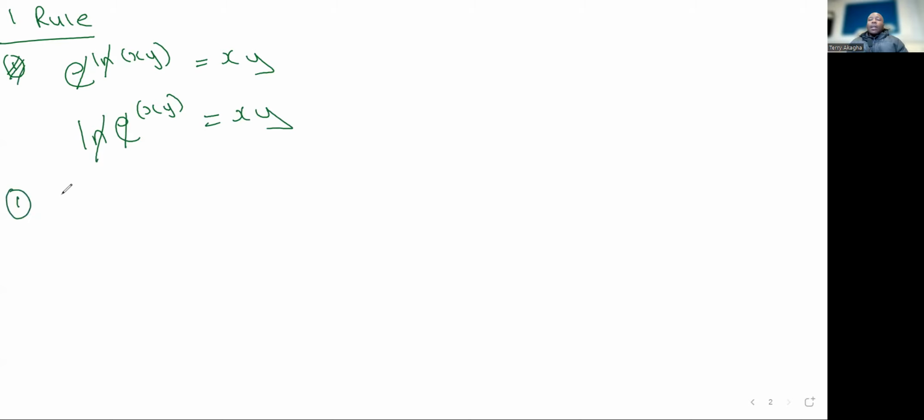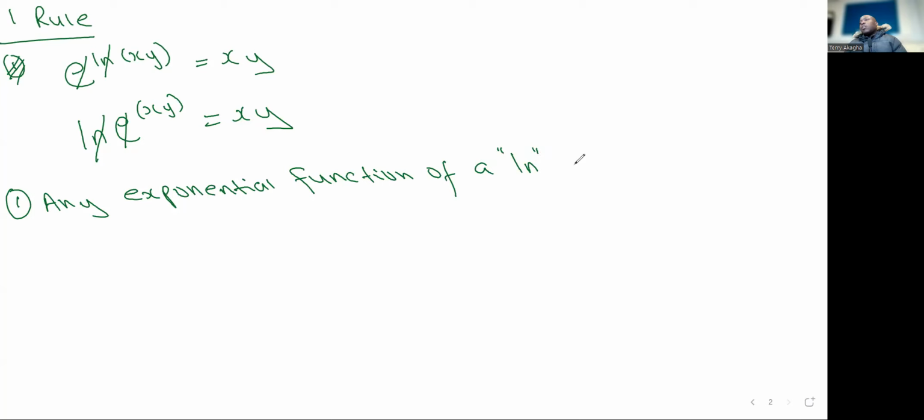So the rule is that any exponential function of a ln is equal to the quotient of the ln and vice versa, or let's say to the variable or constant of the ln.